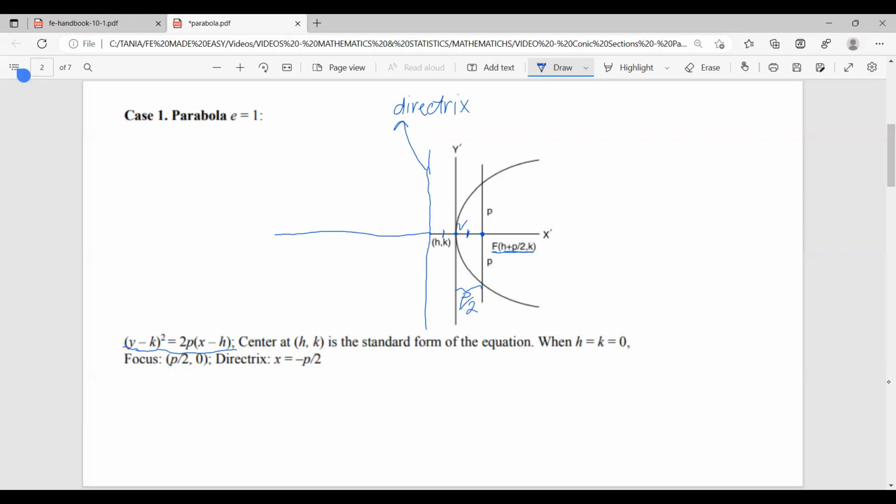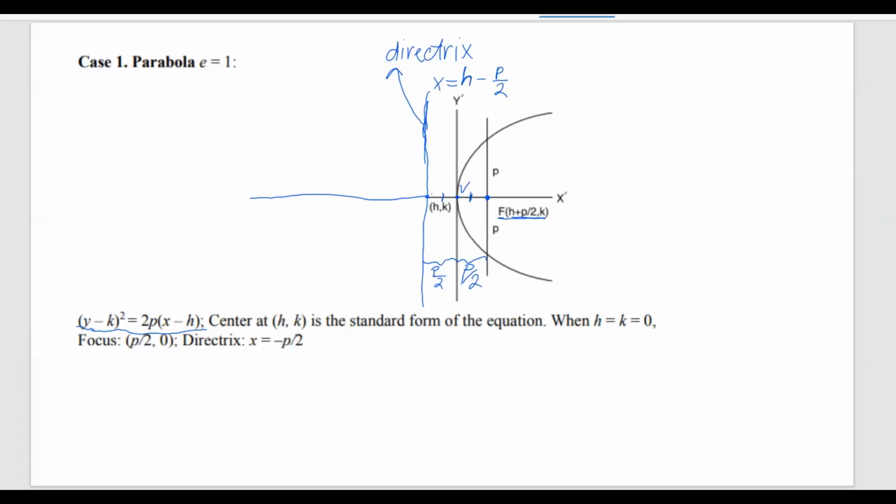And we know that the directrix is at the same distance from the vertex as the focus is from the vertex. So that means this distance is also p over 2. And now, knowing this, we can write what the directrix is. The directrix intersects the x-axis, so that means we're going to have x equals h minus p over 2.